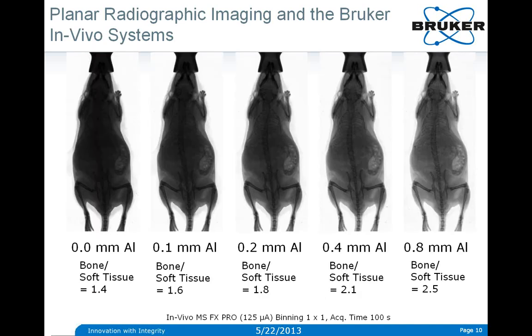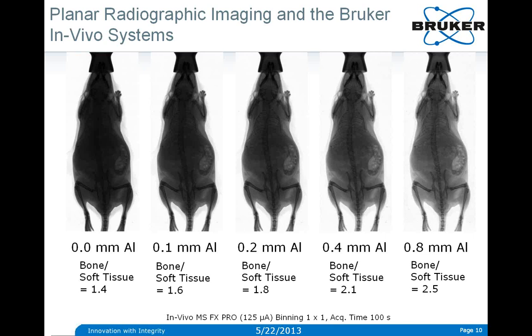The systems are configured with a 5-position aluminum filter wheel. So this allows us to harden the X-ray. You can see that to the left where we've used no aluminum filter, or to the far right where we've used a thick aluminum filter, you can see the difference in the tissue contrast. So typically when we're interested in imaging hard tissue, skeletal structure, we'll use a thicker aluminum filter.